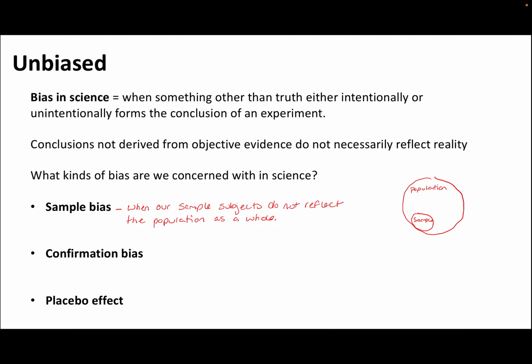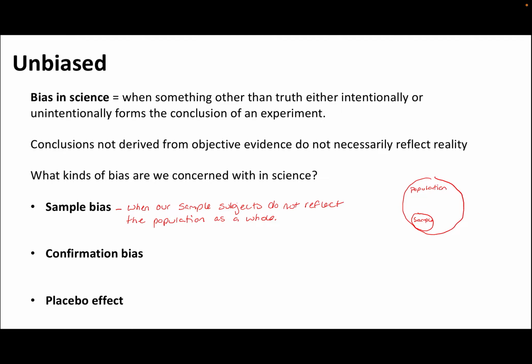If the sample does not represent the population well, then how they respond does not necessarily give us good insight as to how individuals in the entire population would respond. So in order for us to be confident that the population as a whole will respond the way that our sample subjects are responding, we need to make sure that the sample is a proper reflection of the entire population. If it's not, that is when we would say that sample bias has occurred.